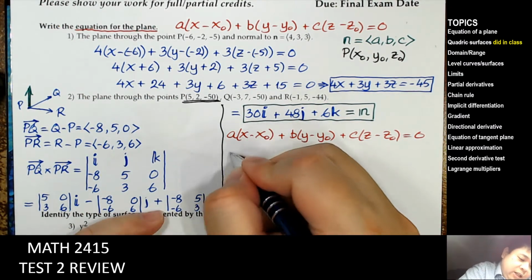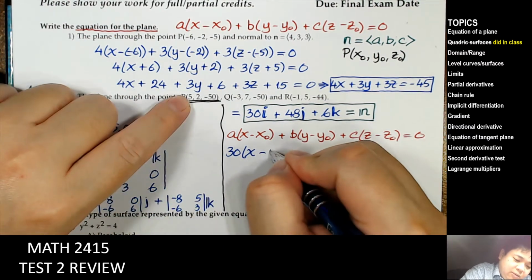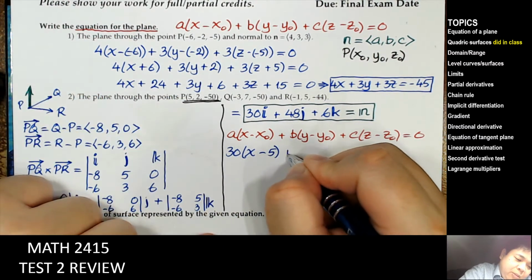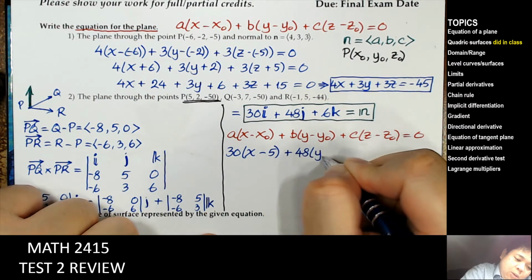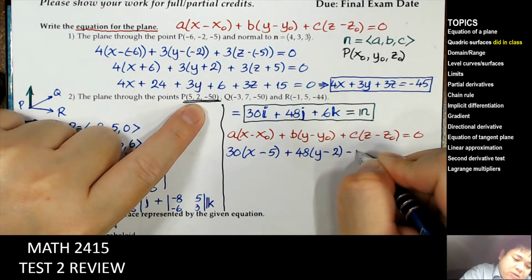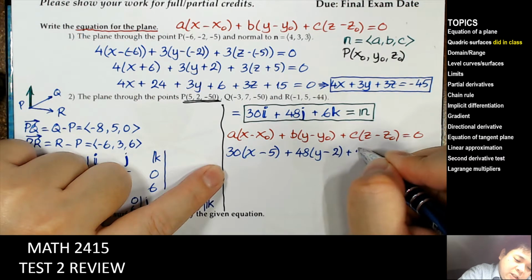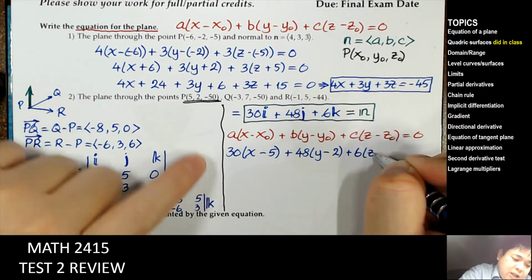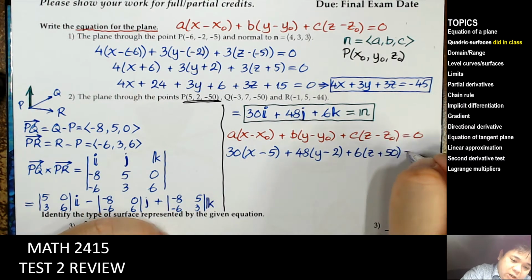So 30(x minus x naught), x minus 5, plus 48(y minus 2), plus 6(z minus 50), so z plus 50 equals 0.